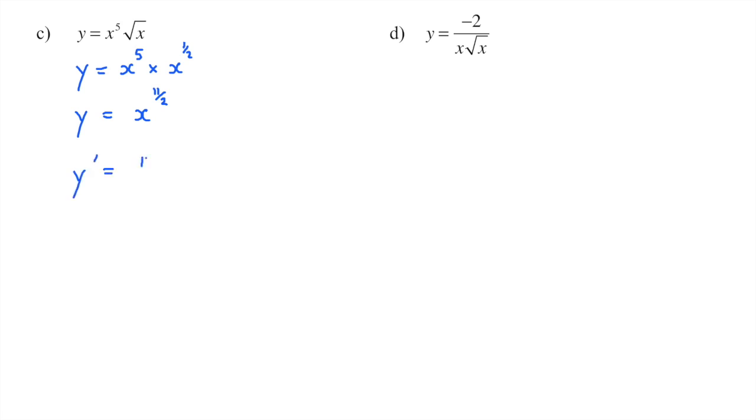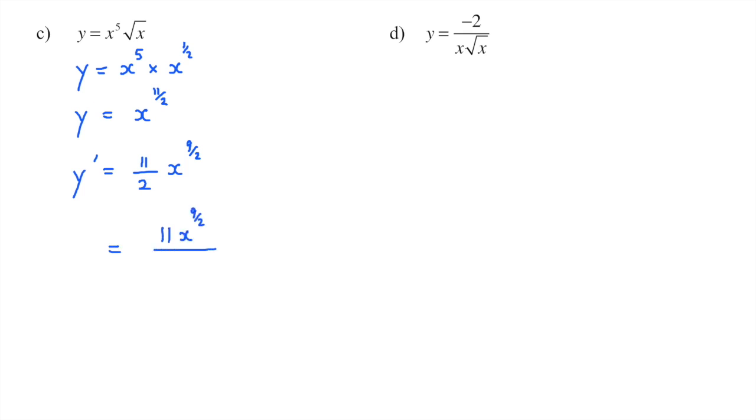11 over 2 times the 1 out the front gives 11 over 2. 11 over 2 take away 1 gives 9 over 2, which means my answer is 11 x to the power of 9 over 2.